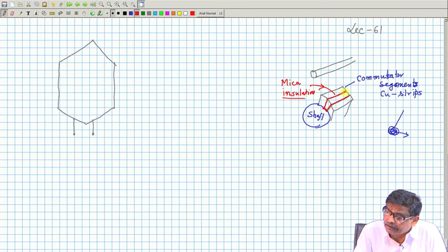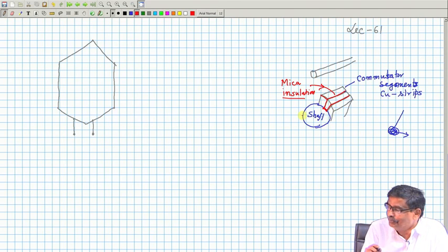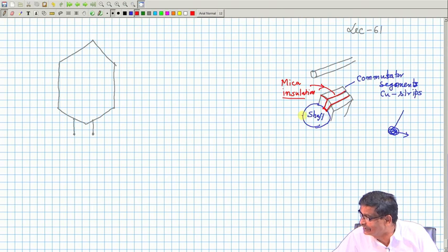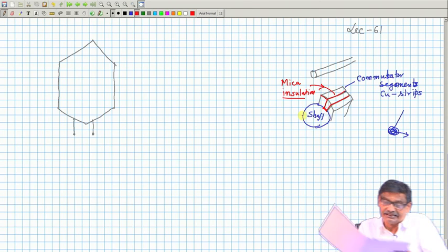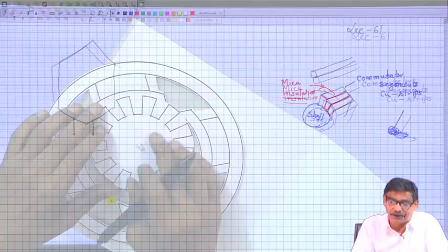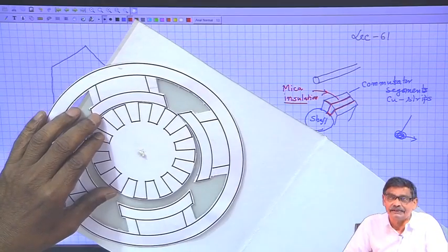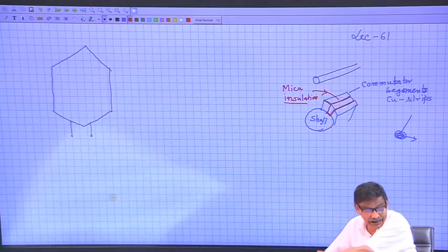So, insulations are provided. So, each one with a width like this, then a thin mica insulation, and then another commutator segment. So, it will be the replica of this stator armature, it will be the replica of this one here, and it will be shown like this.